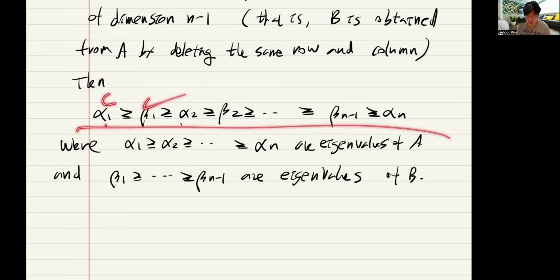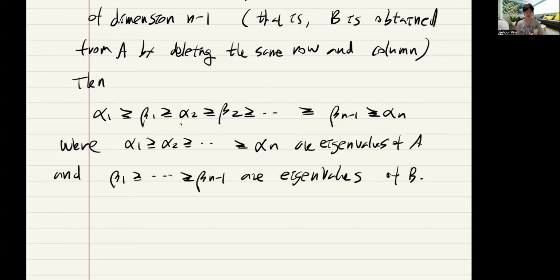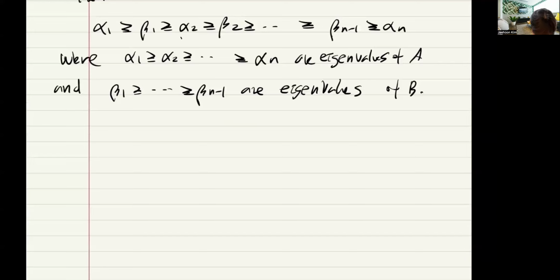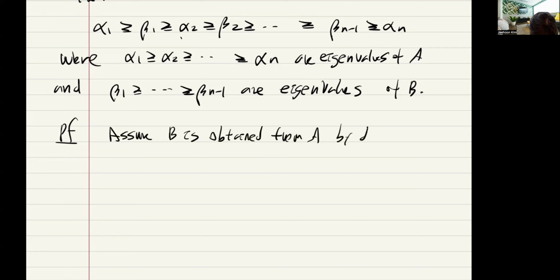So in order, if you write it, then it alternates. Okay, the proof is not difficult. It's simple. So let's assume B is obtained from A by deleting the first row and column.